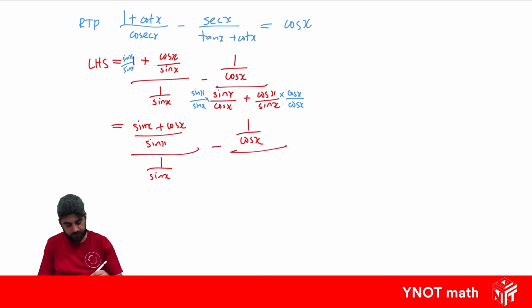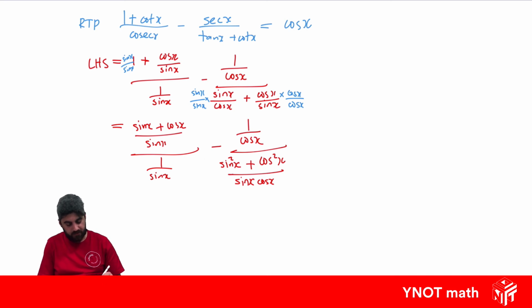So if we do that, we're going to have our denominator of sin x times cos x, and sin times sin is sin squared x, plus cos times cos is cos squared x.